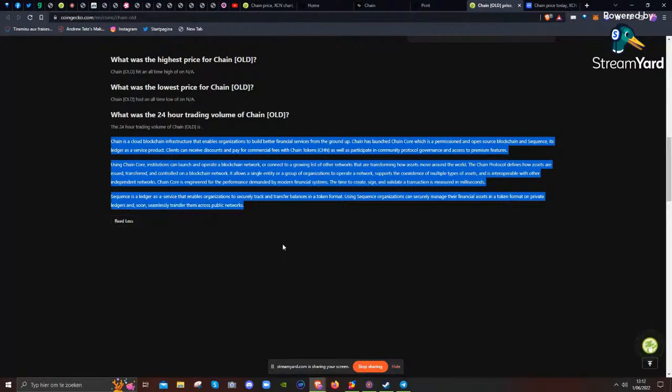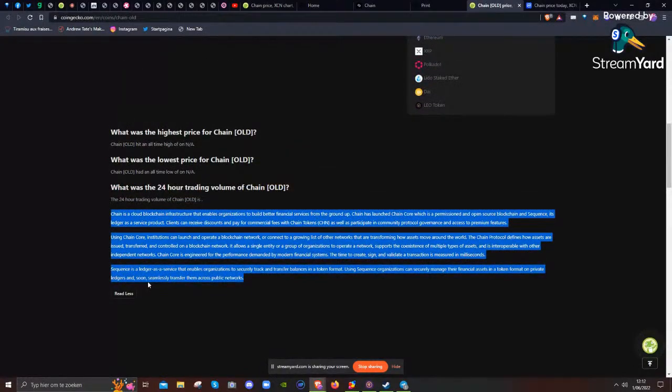Chain Core is engineered for performance demanded by modern financial systems. The time to create, sign, and validate a transaction is measured in milliseconds, lightning fast. Sequence, the ledger as a service, enables organizations to securely track and transfer balances in a token format, can securely manage their financial assets in a token, yada yada yada.